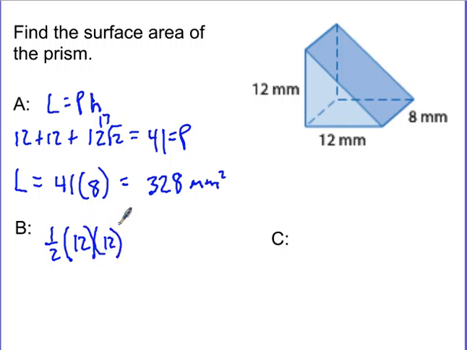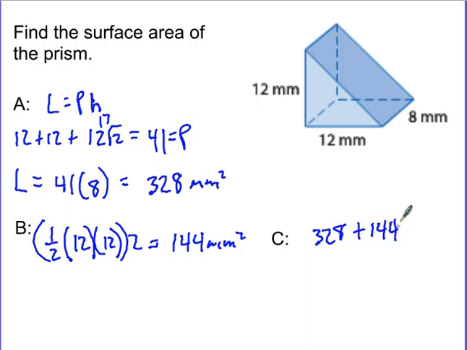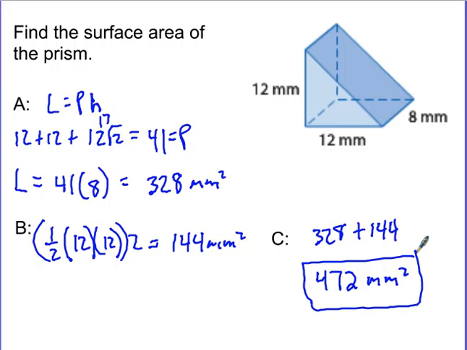But there's 2 of them, right? So we're going to multiply that by 2. Well, the 2 and the 1/2 will cancel out. So it's just going to be 12 times 12, 144 millimeters squared. Part C is just add those two together, 328 plus 144. 472 millimeters squared. The surface area of the prism.